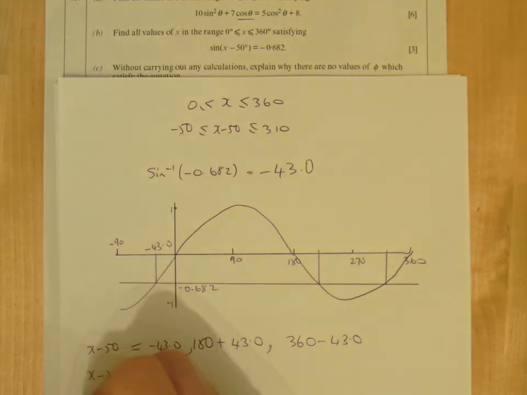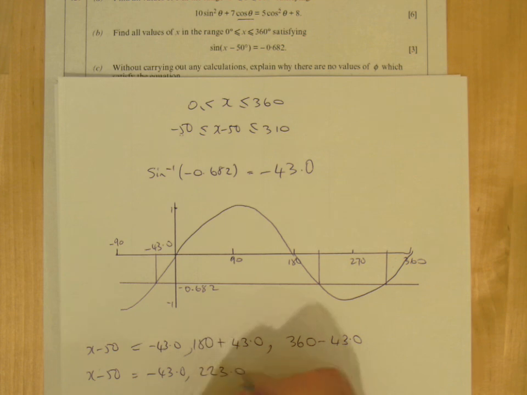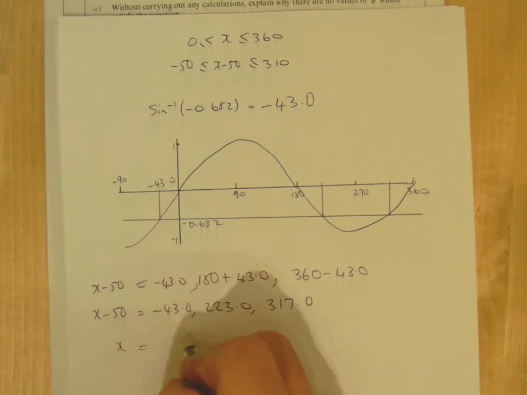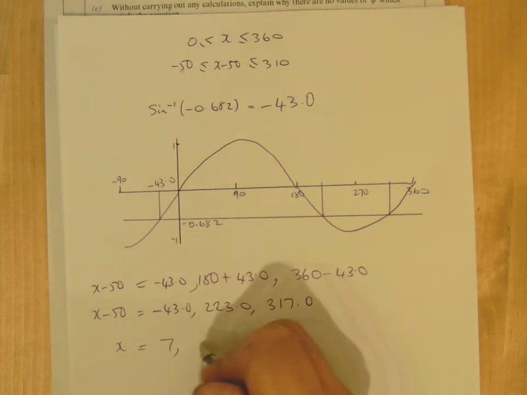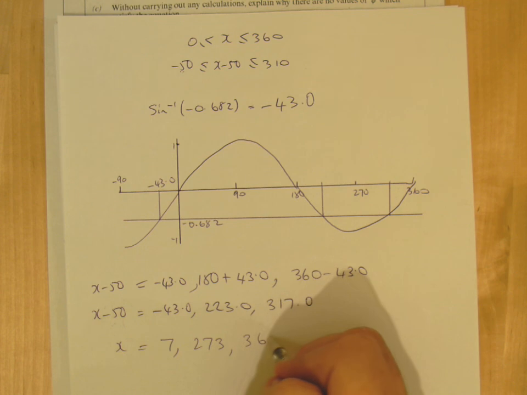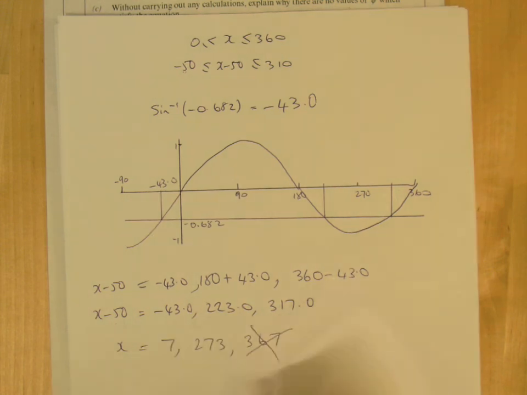So we got x minus 50 equals minus 43.0, add that on, 223.0, take away that 317.0, and then to get x, then the answer is, take that minus 50 over, it becomes a plus 50, so add it on, so you're going to get 7, okay, if you add that on, add 50 there, you're going to get 273, and add 50 there, you're going to get 367, okay. And then you just got to ask yourself, which is in the range between 0 and 360? Well, that ain't, but these two are, so those are your solutions there.